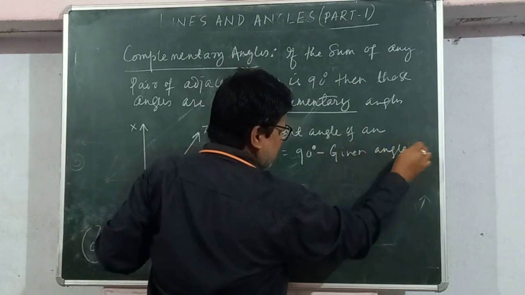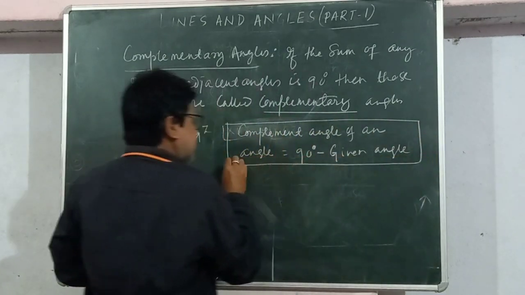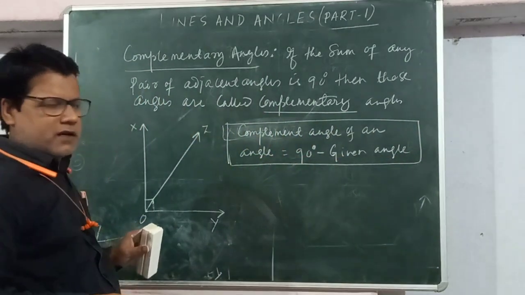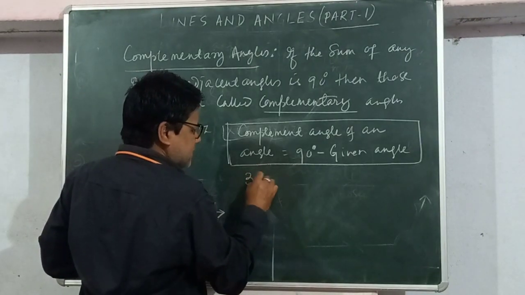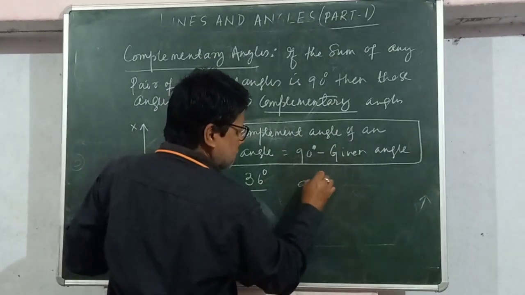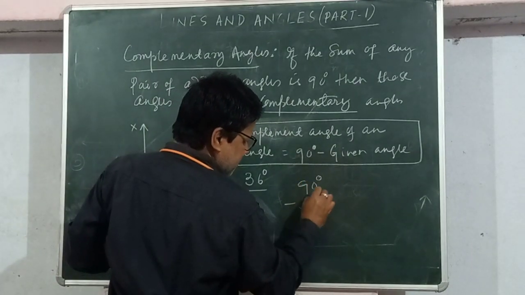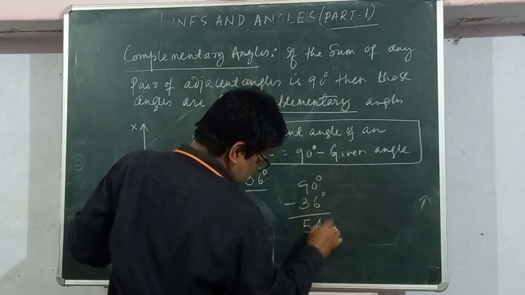This is the formula of finding the complement angle of an angle. 90 degree minus given angle. Suppose I want to find out the complement angle of 36 degree. So complement angle of 36 degree is equal to 90 degree minus 36 degree is equal to 54 degree.